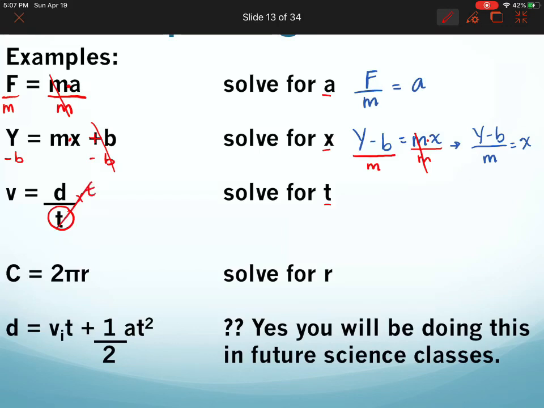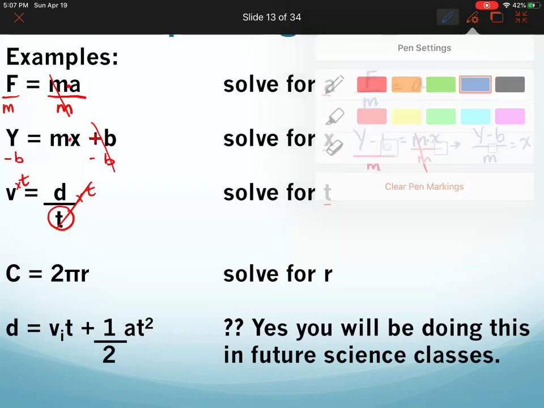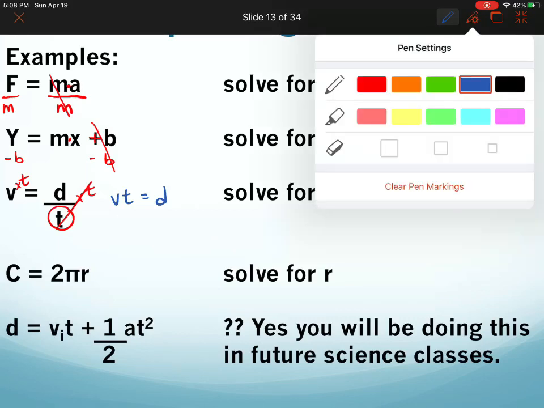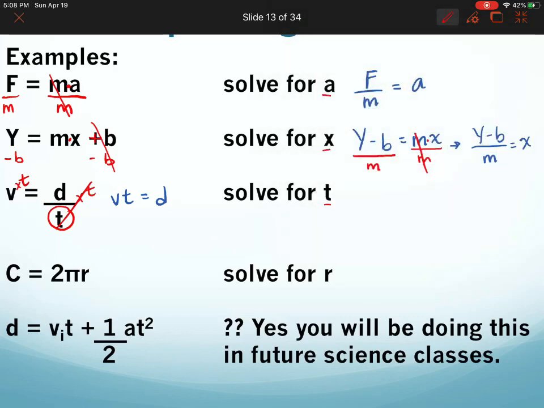How do I do that? Well, if I multiply this side by t, yeah, those cancel out. But anything I do to one side, I got to do the other. So I'm going to multiply that side by t. So then I get a slightly different equation. V times t is equal to d. So velocity times time is equal to distance. Yay. Now, I didn't get t by itself, but I put it in a position where we can get it by itself. Why?